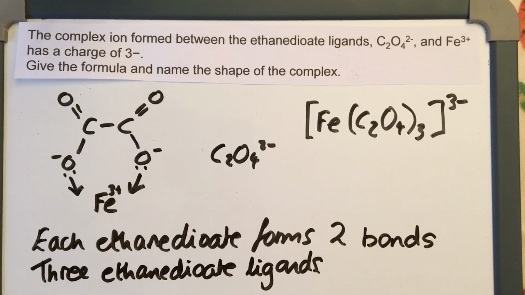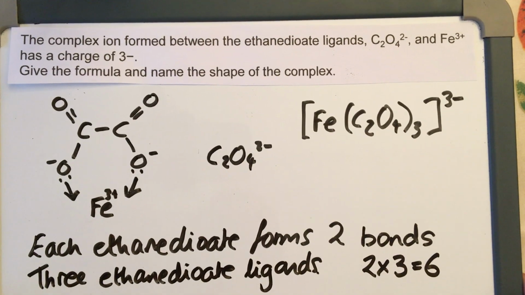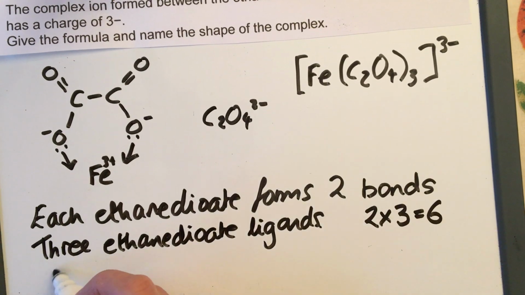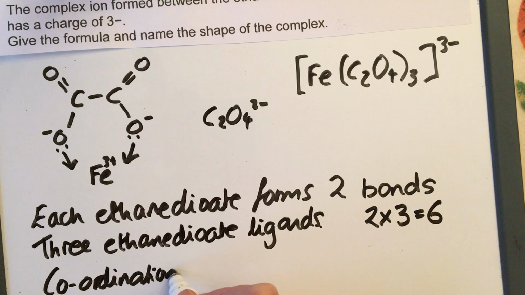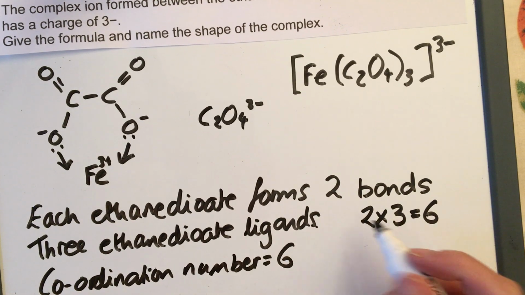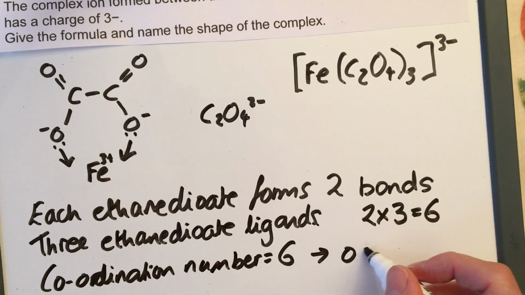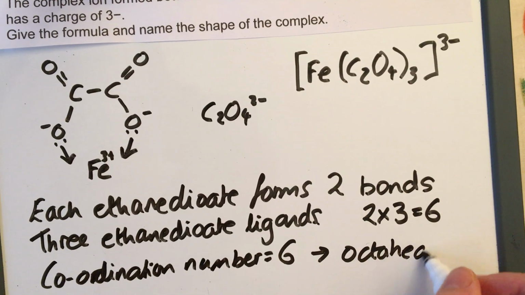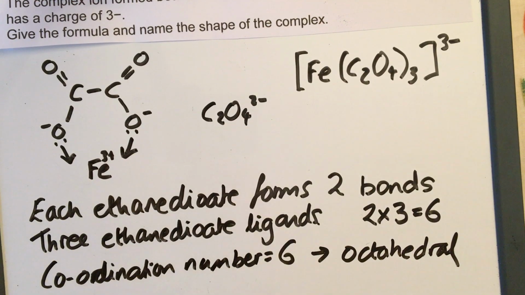So each one forms 2 bonds, and there are 3 of them. 2 times 3 is 6. So that means overall the coordination number is 6. And much like with shapes of molecules, if you've got 6, then the shape is going to be octahedral.